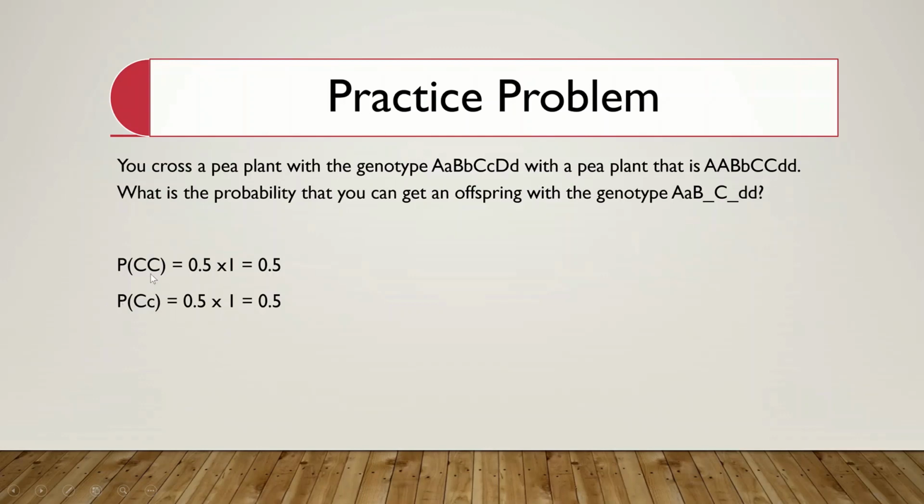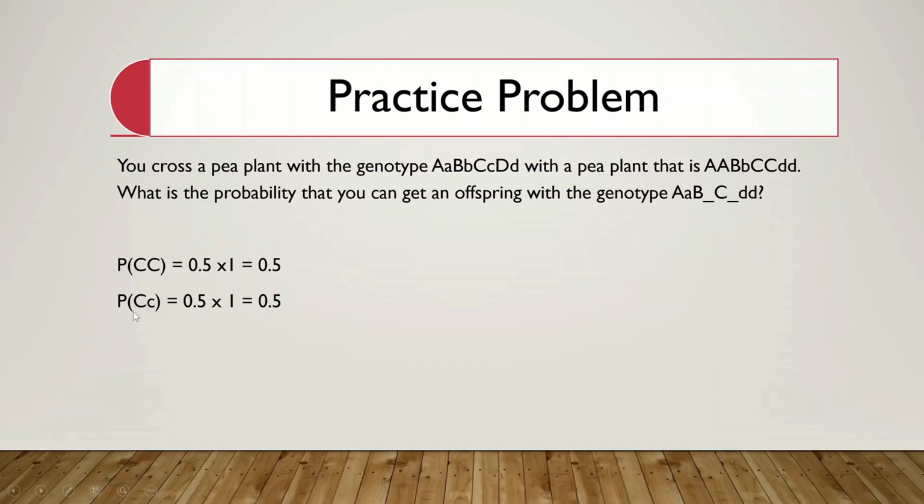So to calculate the probability of big C, big C, we know from parent 1 there's a 50% chance of inheriting big C because of the 2 alleles, only 1 is big C, and for parent 2, both of the alleles are big C, giving us a 100% chance, and when we multiply we get 0.5.